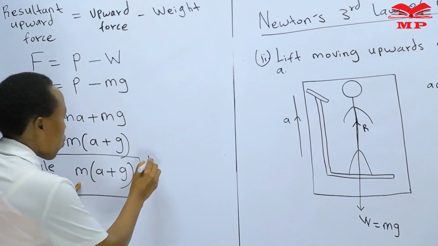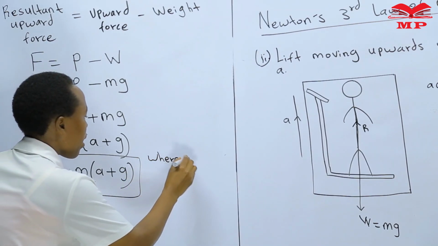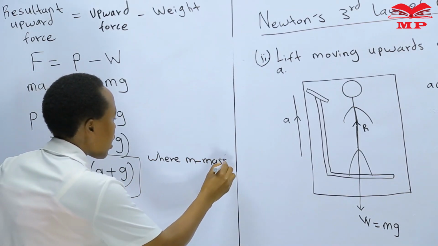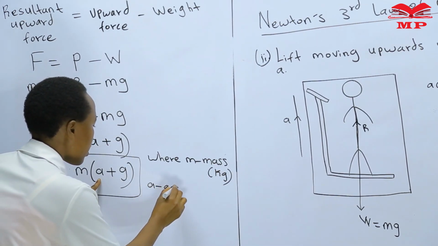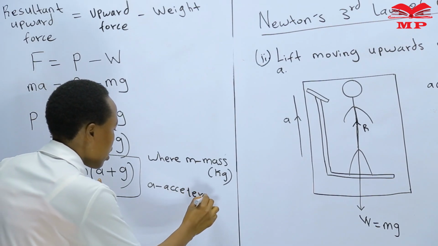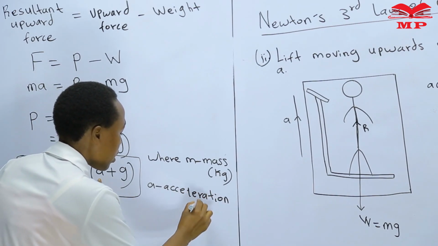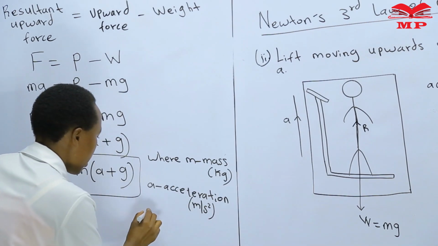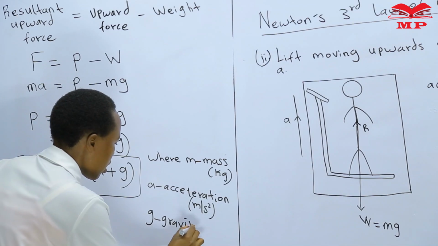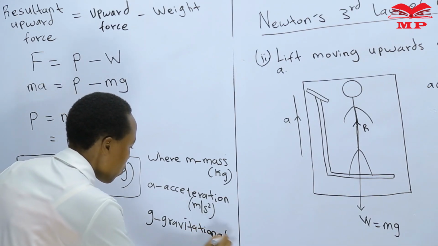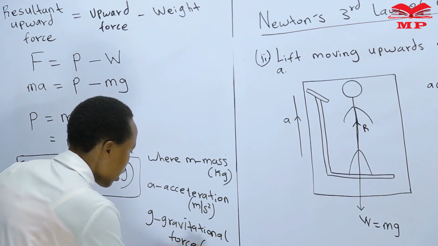In this case m is the mass in kilograms, a is the acceleration in meters per square seconds, and g is the gravitational force, again in meters per square seconds.